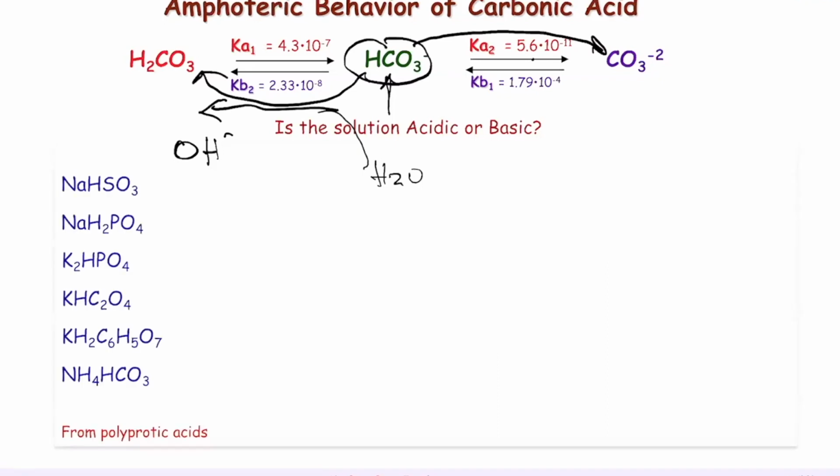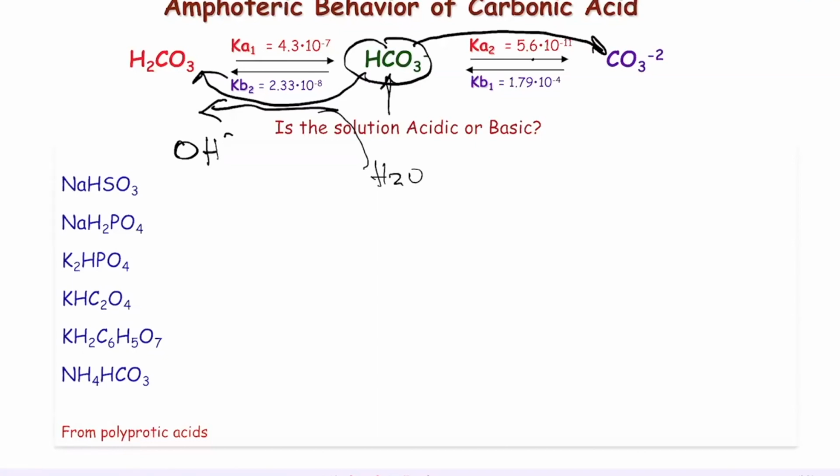If you take a look at other chemicals out there that have amphoteric systems, we have to introduce them through their salts. Salts are just ionic substances where you have a cation and an anion, and in this particular case, the anion is going to have acid-base property. So we have sodium bisulfite.